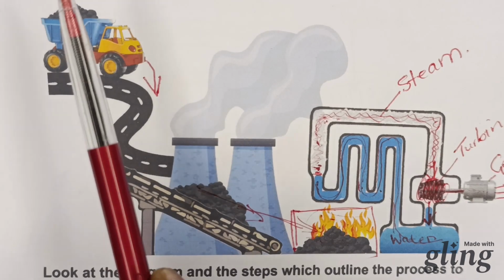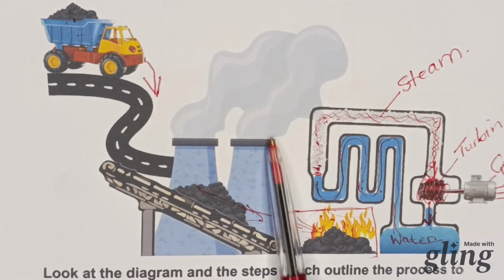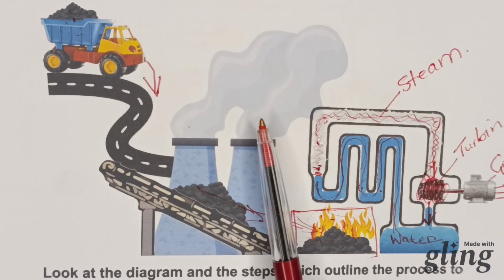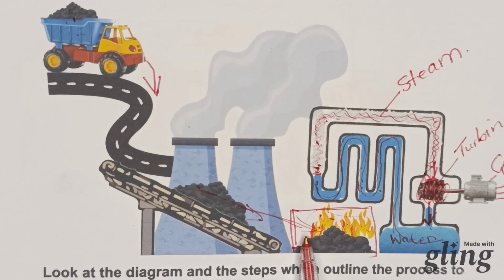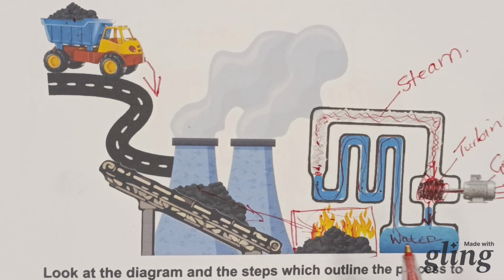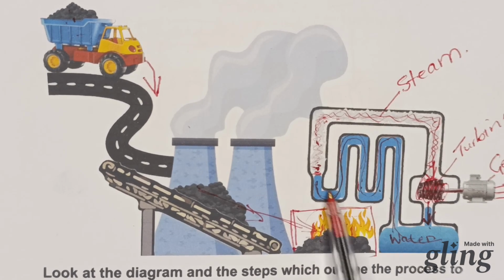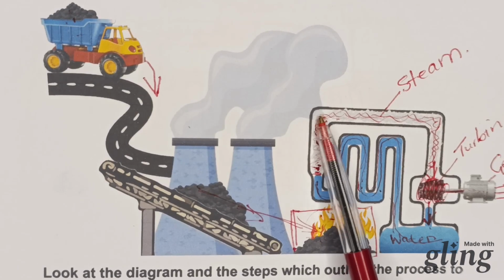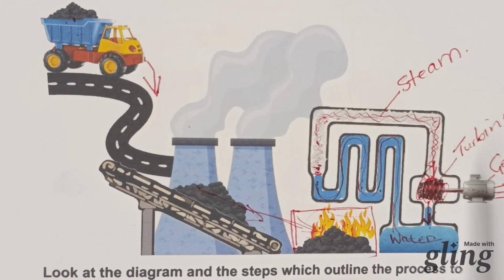So, in short, this is what happens when electricity is generated in a coal power station. Coal is transported from the coal mine to the power station. From here, they grind the coal and pour it into the container, where they burn it. When it burns, the heat boils this water, and when this water boils, it gives off steam.